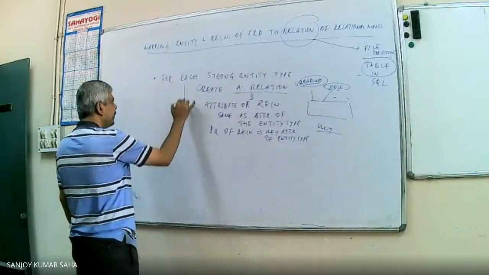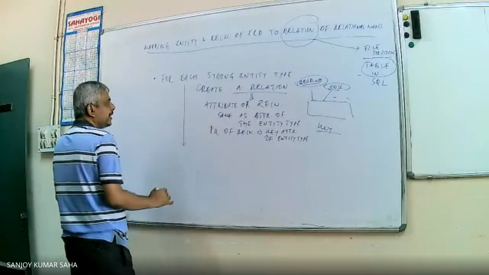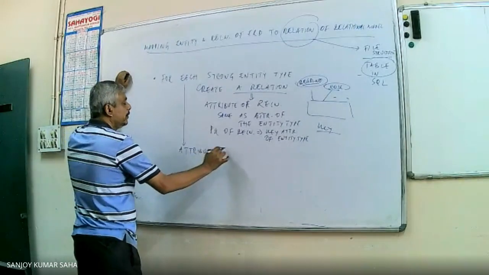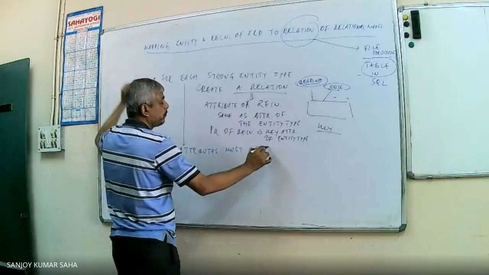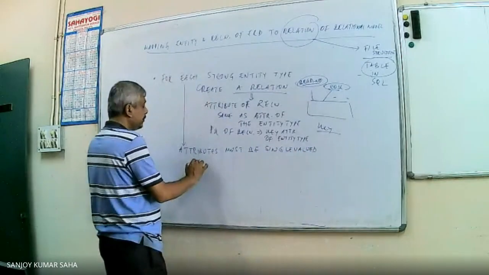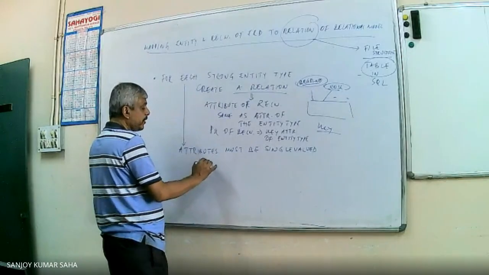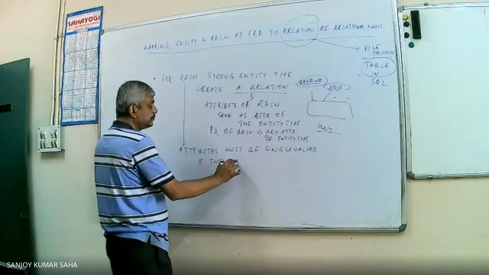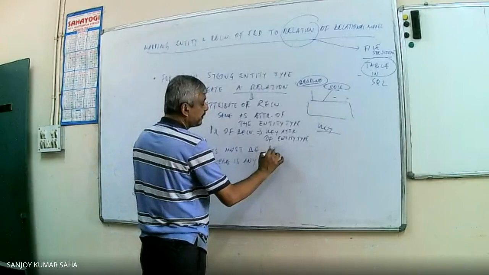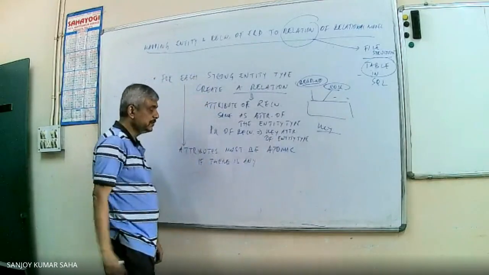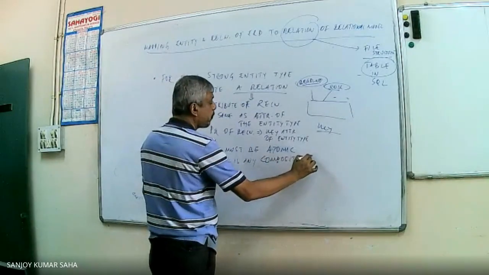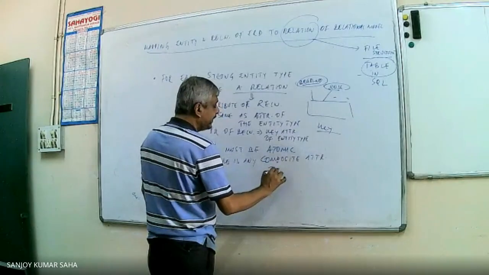Now see, whatever we are doing, the relational model says that the attributes must be single valued. Forget about the single value case, let us say the simpler one, atomic. So if there is any composite attribute, then decompose it.